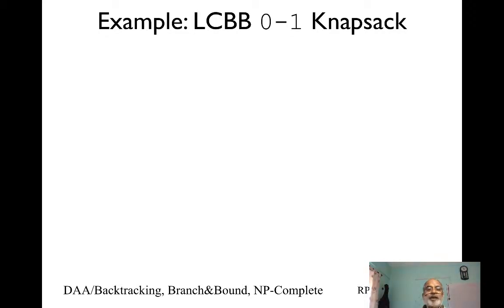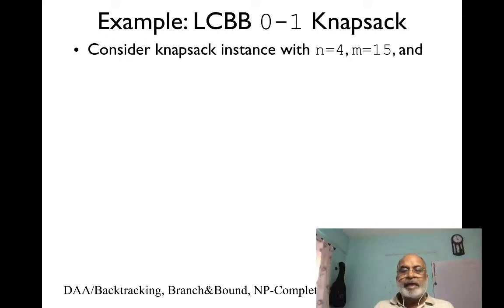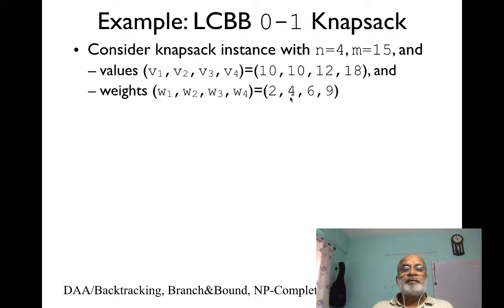And this technique we'll use in our 0-1 knapsack implementation. So how is our 0-1 knapsack done? Let's take an example to understand how it gets implemented. Let's consider a set of 4 items with weights W1, W2, W3, W4, and a knapsack capacity of 15. The weights are W1 equal to 2 units, W2 is 4 units, W3 is 6 units, and W4 is 9 units, and the respective values are 10 for weight 1, 10 for weight 2, 12 for weight 3, and 18 for weight 4.